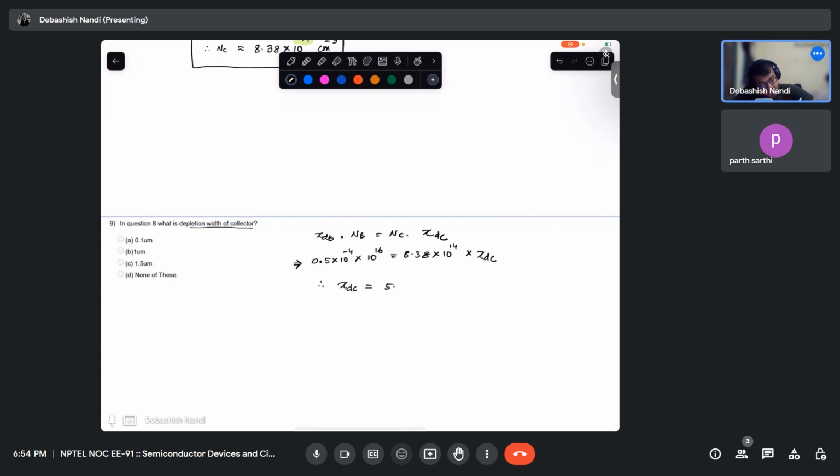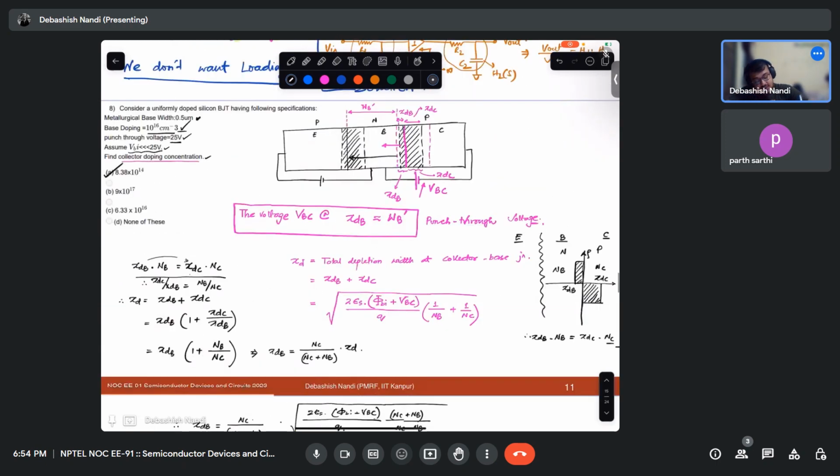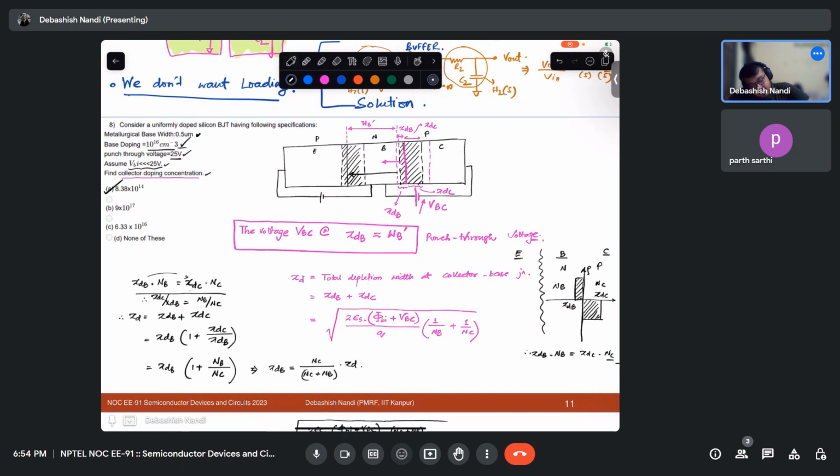So it is 5.96 times 10 raised to minus 4 centimeter, or 5.96 micrometer. You see that this entire base is your 0.5 micrometer, and the depletion itself, it is not to scale, is your 5.9 micrometer.